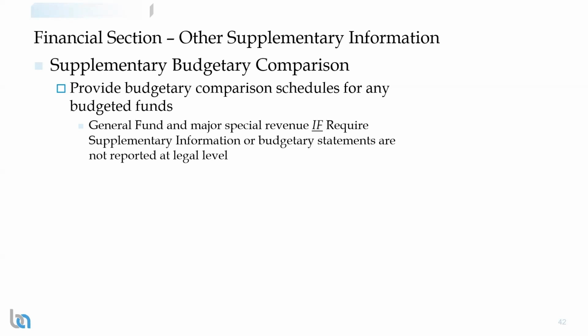So if you're presenting your budget to actuals at a very summarized level, but in terms of legal control it's more at the department level, then you need to have a supplementary schedule that breaks down your budget to actuals by department.